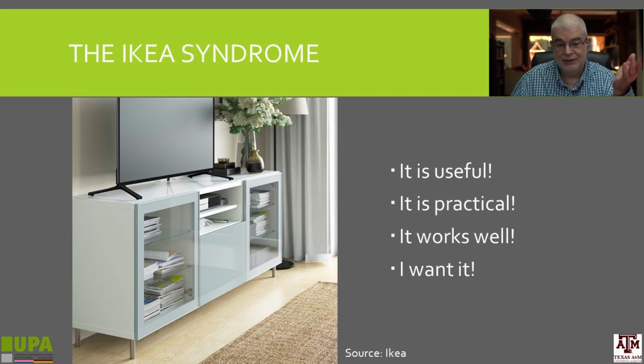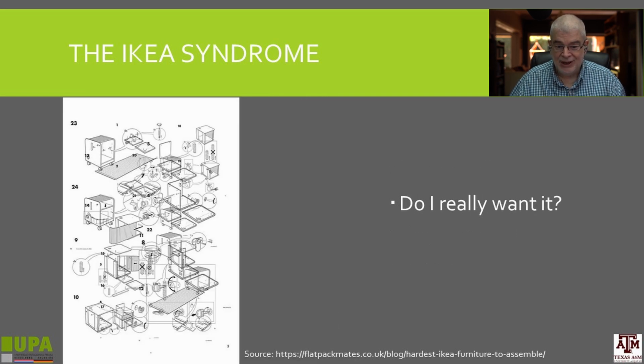IKEA sells furniture, and you go to the shop and you see a piece of furniture, and it is useful, it is practical, it works well for what I need, and I want it. And I buy, it comes, I take it home in a box, and then I'm faced with the challenge of putting it all together. And when I come to this point, then I need to think, do I really want it?